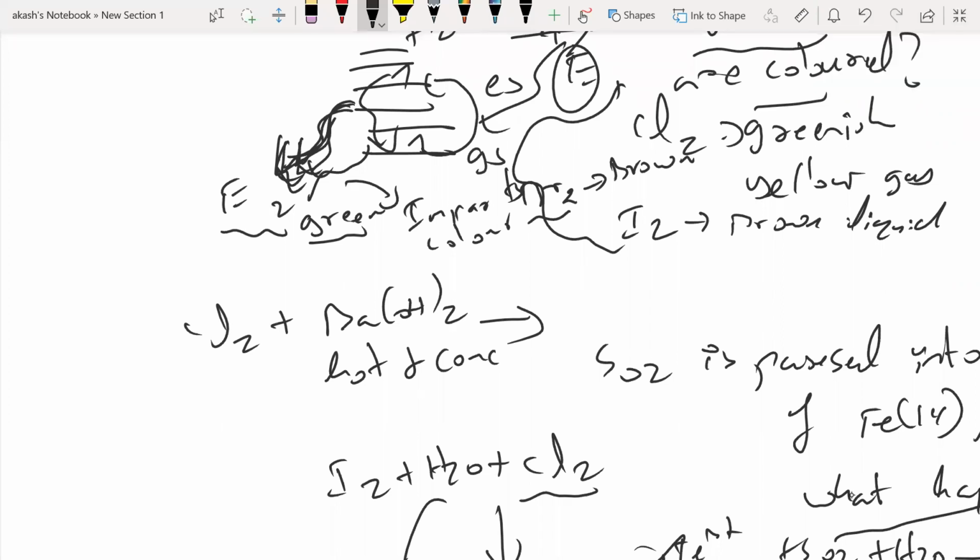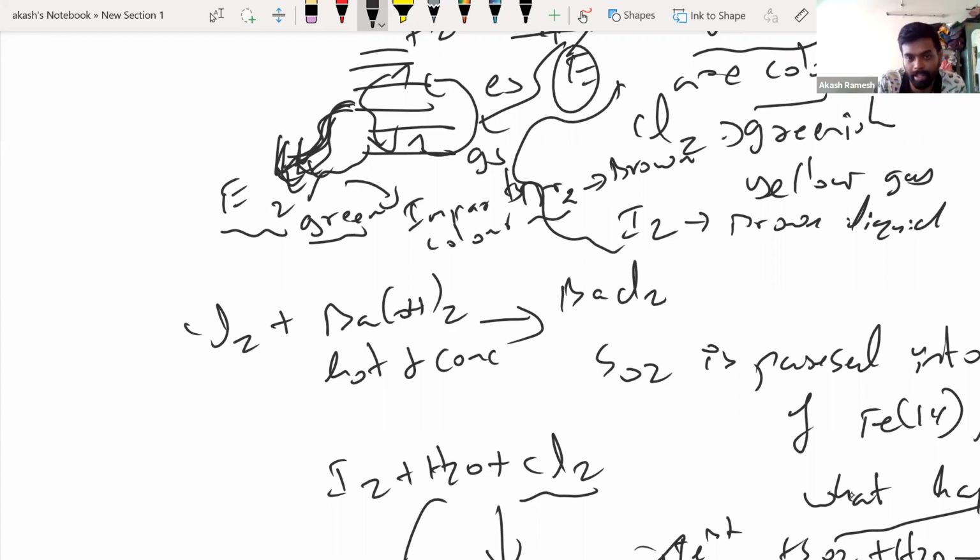Yes, any answers, group 1? Sir, it will form barium chloride. Okay, barium chloride formula: BaCl2. Then plus H2O. Only one compound? H2O.